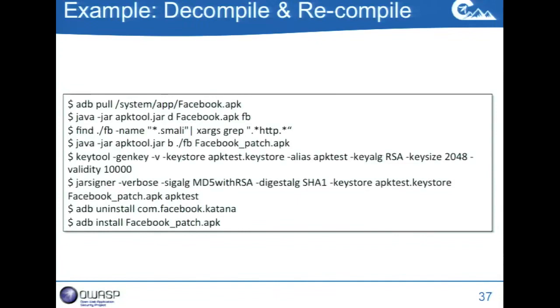So naturally, just uninstall the old app, and Android goes, oh, it's signed by whoever, I don't care, as long as it's signed, and you can install your own malicious version of Facebook, right? Which is the example here. Now, there's an older version of Facebook that this works with. I haven't been able to get it to work with newer ones.